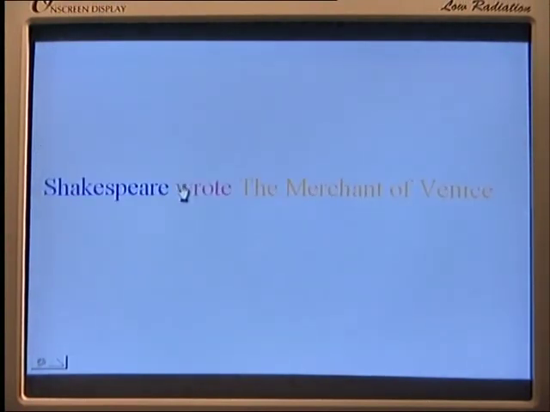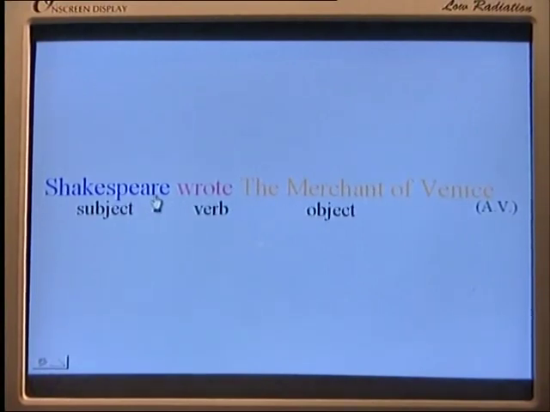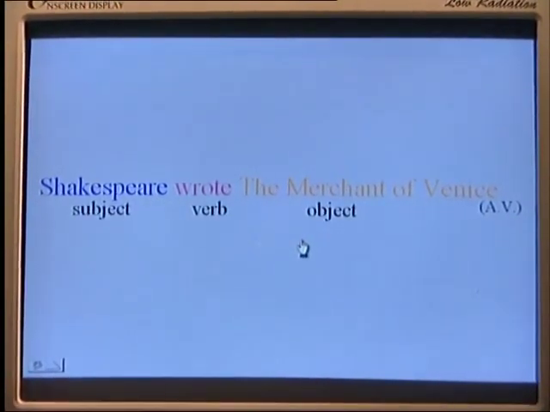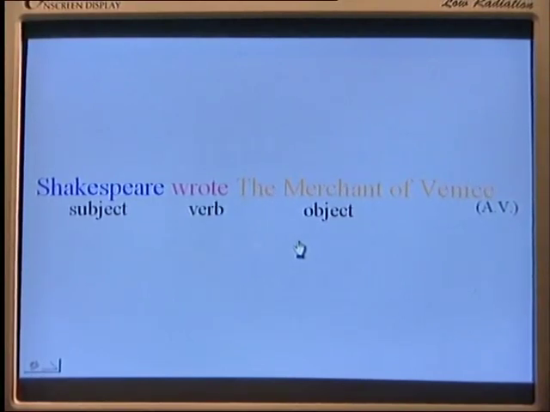Look at this. Shakespeare wrote The Merchant of Venice. This is in active voice. Shakespeare is subject, wrote is verb, and The Merchant of Venice is object. This object here becomes subject in passive voice.